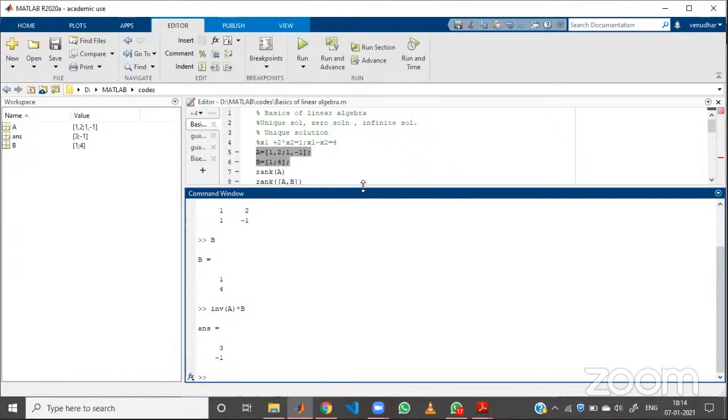This is how we do it. We also use the left division operator. How do we use that? A backslash B. Same result, we are getting 3 comma minus 1. So inv(A) multiplied by B is the same as A backslash B.